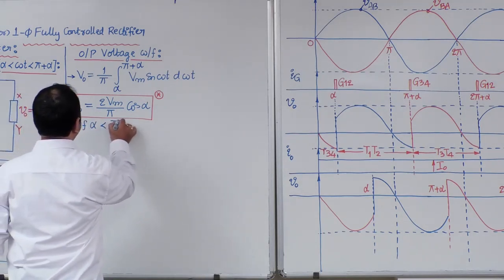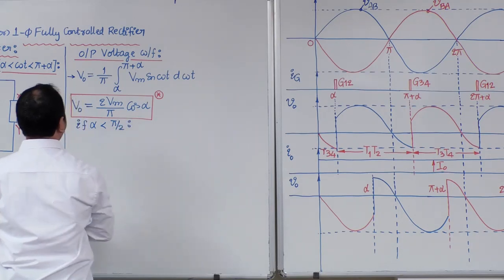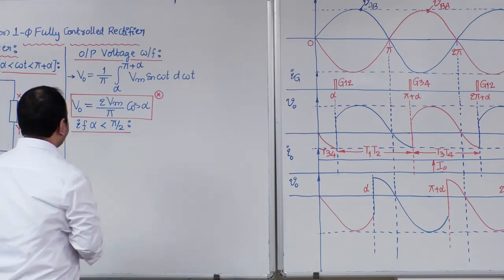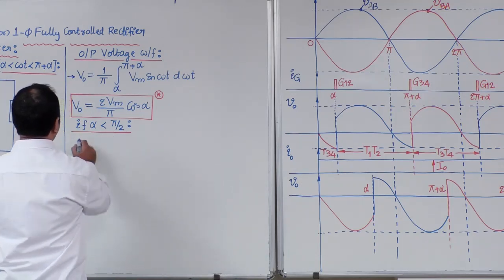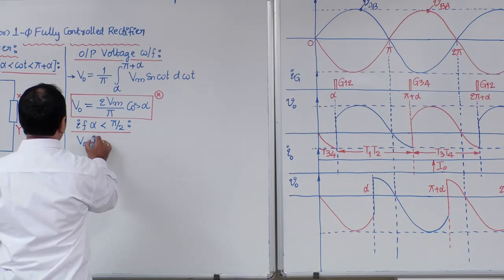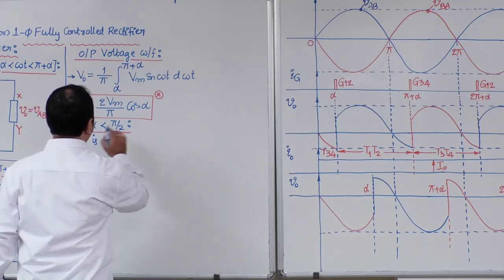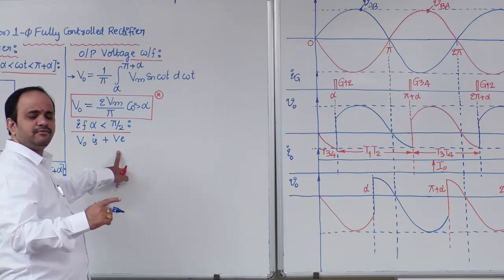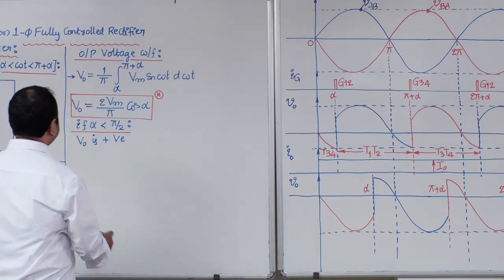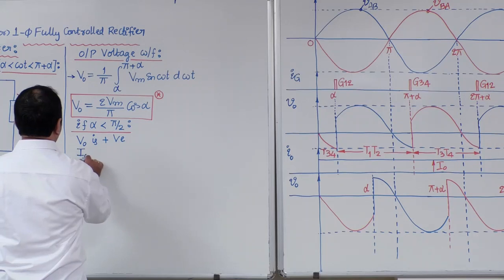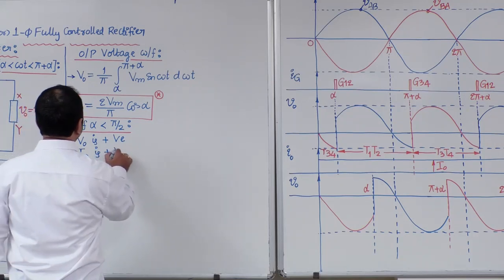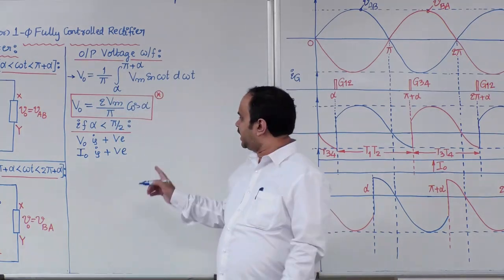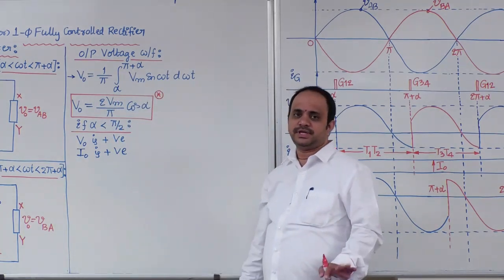If alpha is less than pi by 2, what is the conclusion here? Average output voltage is positive. What is the reason for that? Area under the V0 waveform is positive. Average output current is also positive. Again, what is the reason for that? Unidirectional property of the devices.